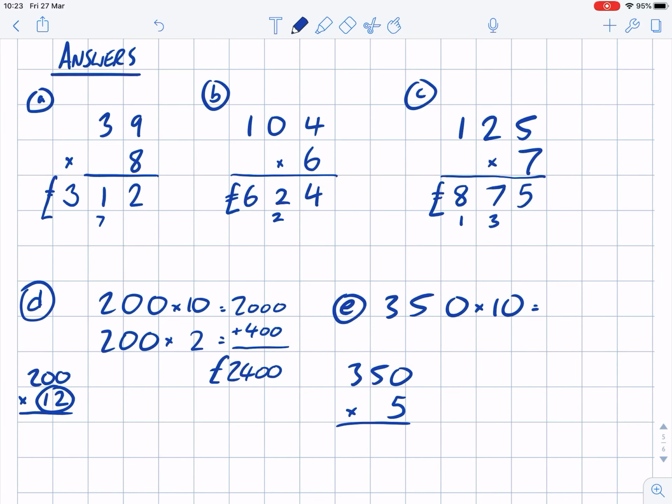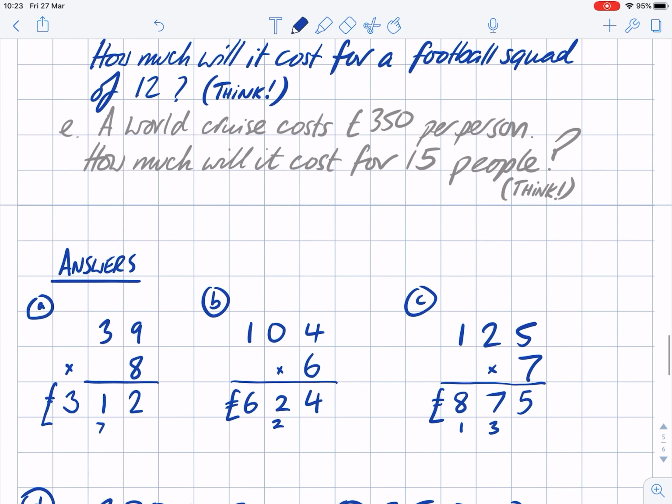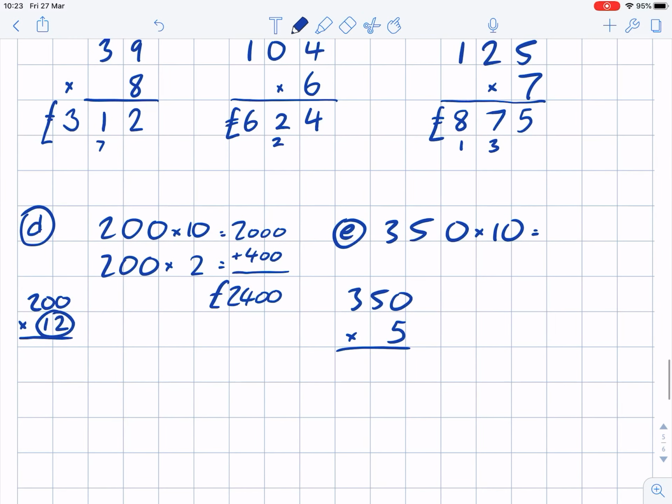And it's the same principle for the next one. The cruise costs £350 per person. And we need to work out how much it costs for 15 people. So again, I could have partitioned the 15 into a 10 and a 5. You can see I've done 350 times 10, which is £3,500.